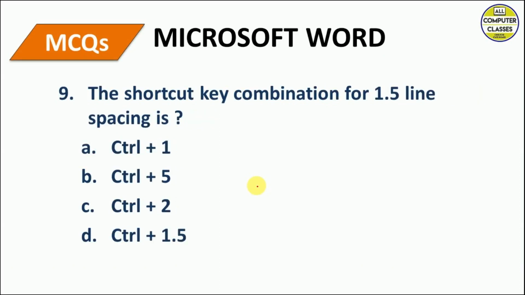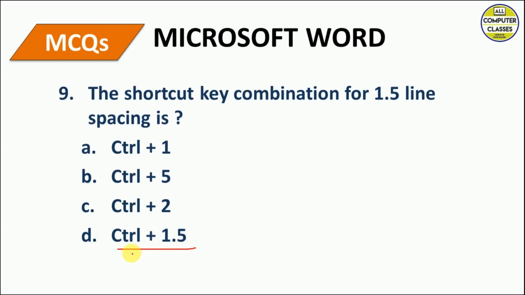Next question is, the shortcut key combination for 1.5 line spacing is Control 1, Control 5, Control 2, Control plus 1.5, right? You would be thinking that this is the answer, but we cannot directly press these keys.